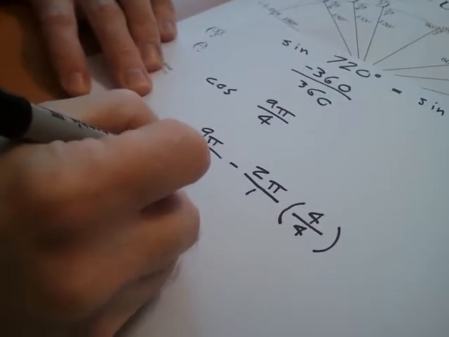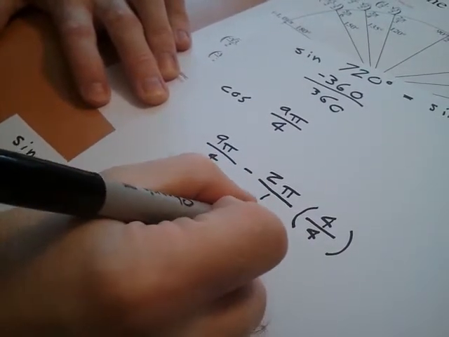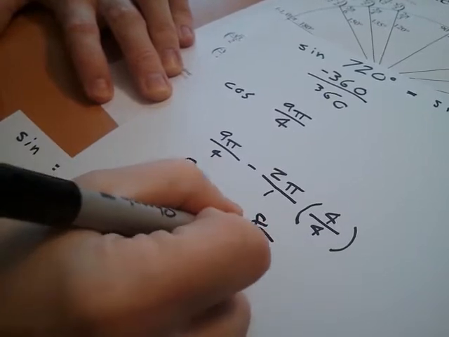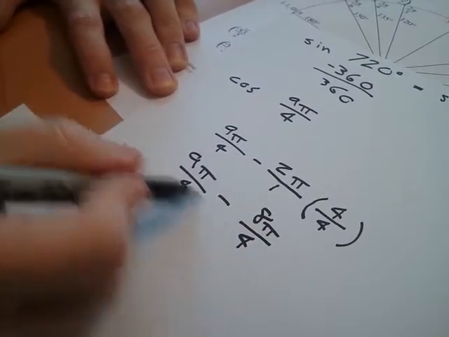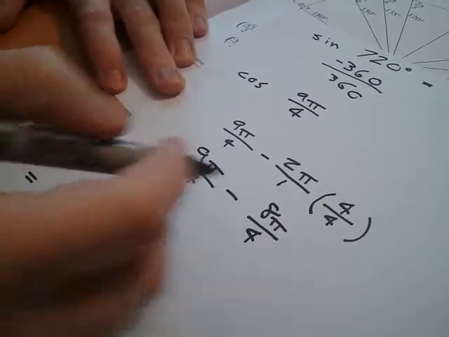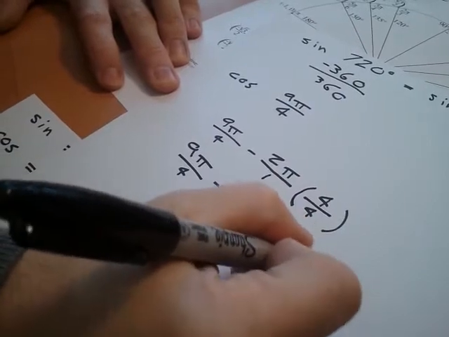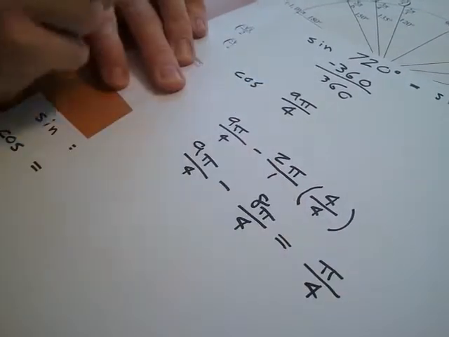This will then become 9 pi over 4 minus 8 pi over 4. And now that they have common denominators, we can subtract. 9 pi minus 8 pi will give us pi over 4.